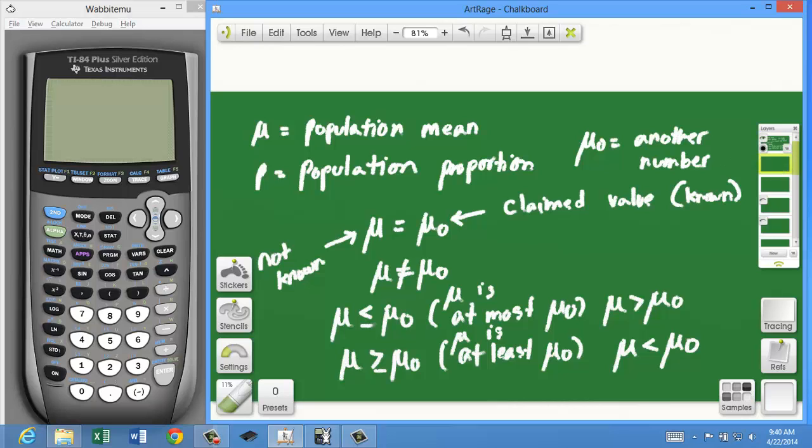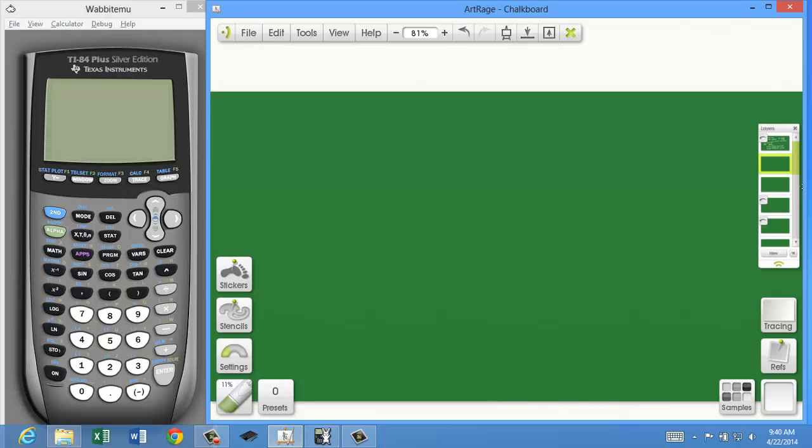Now, having said that, we don't want to test for all 6 statements. All 6 statements can be narrowed down to 3 logical statements. For instance, if I started by saying mu is equal to mu naught, if I set that as the first statement, the counter argument is mu not equal to mu naught.